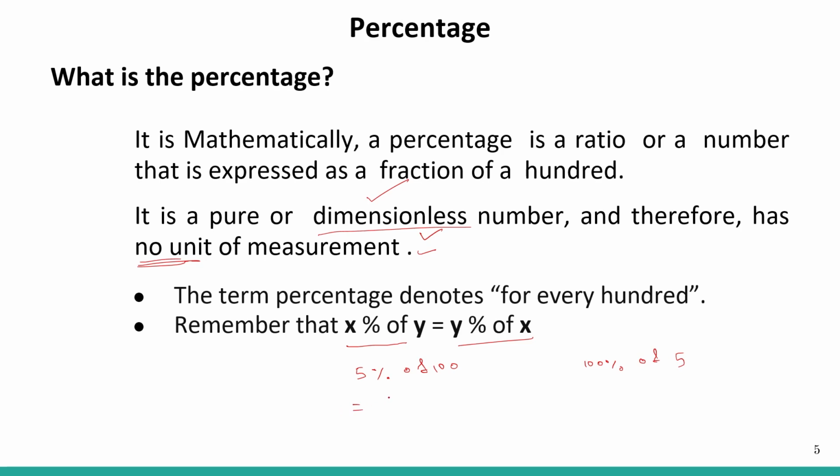So this is equal to 5% of 100, which is 5 by 100 into 100. And this is 100% of 5, which will be 100 by 100 into 5.